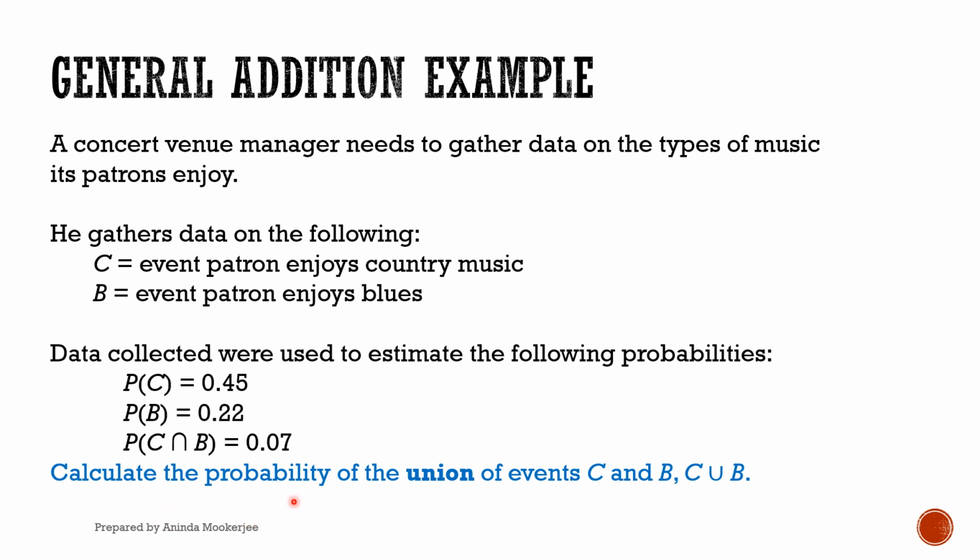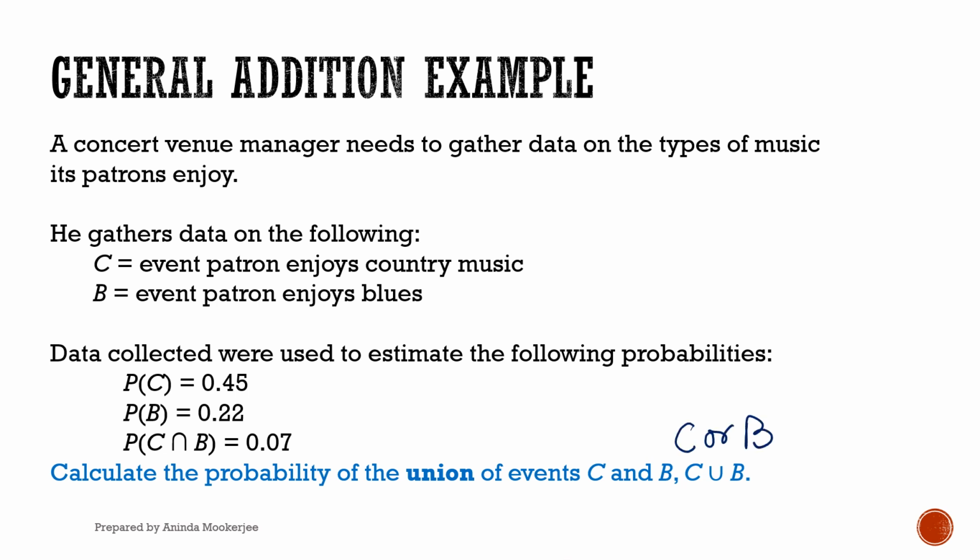So calculate the probability of the union, which also means or. It's the or situation of events C and B, in other words, C union B. Again, this is just to familiarize you with the set notation, but you can read it as C or B.